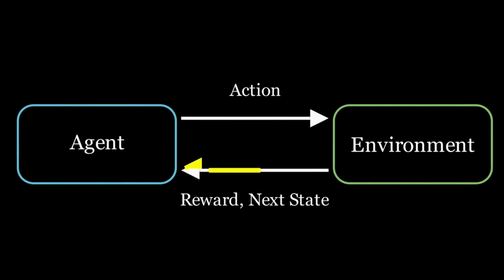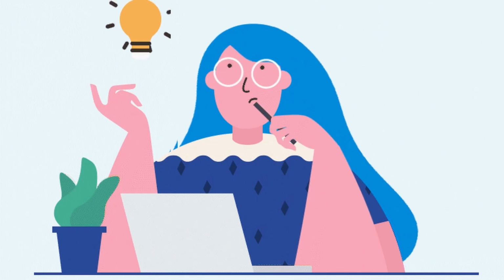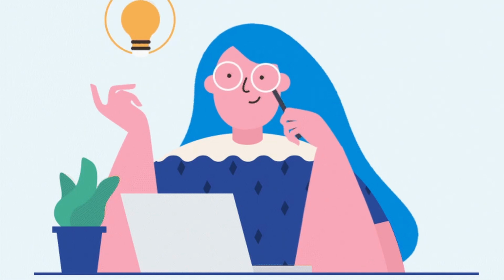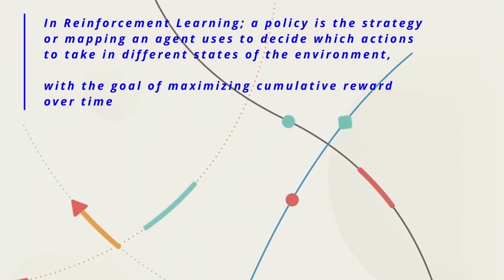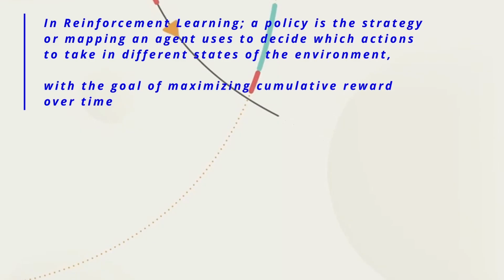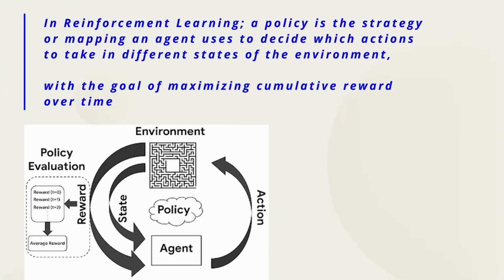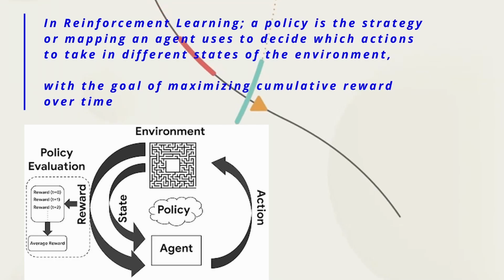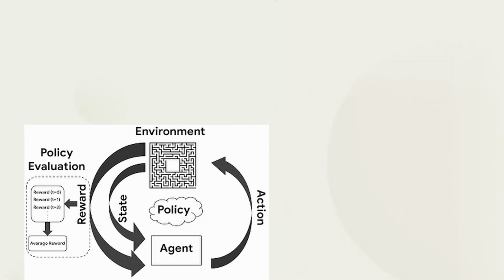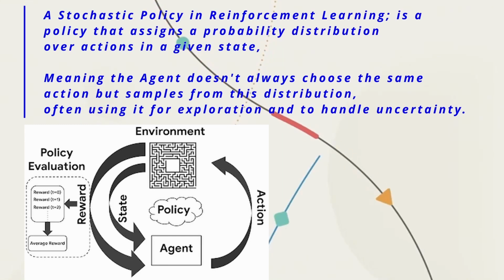But how does it actually decide what action to take in a given state? That gets us to the policy, right? Exactly. The policy is essentially the agent's master strategy. Think of it as a map from states to actions. Policies can be deterministic, like always do this action in this state, or they can be stochastic, providing a probability distribution over actions.